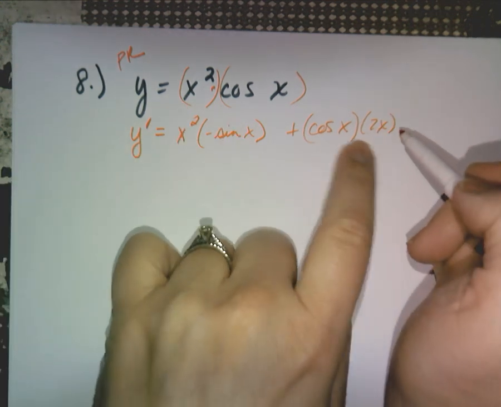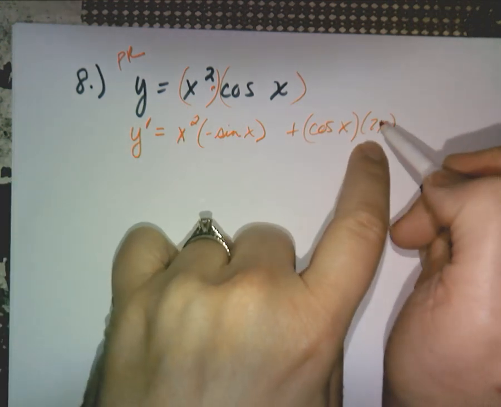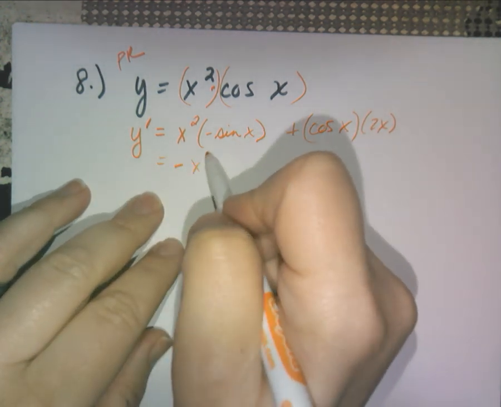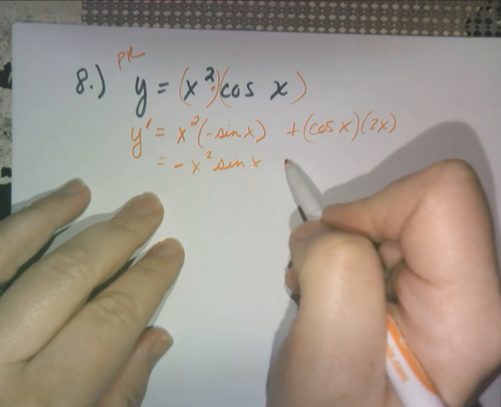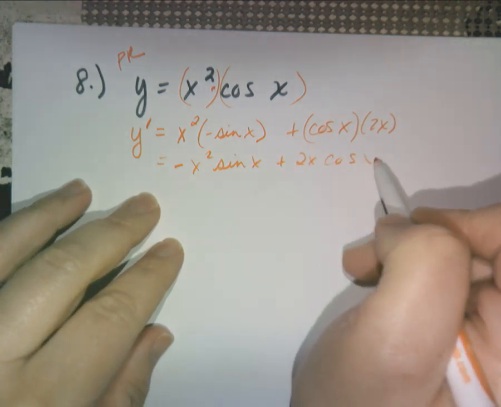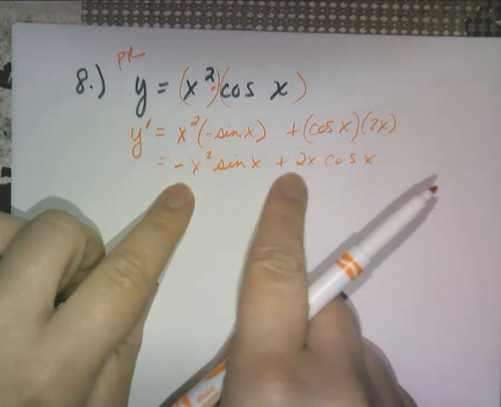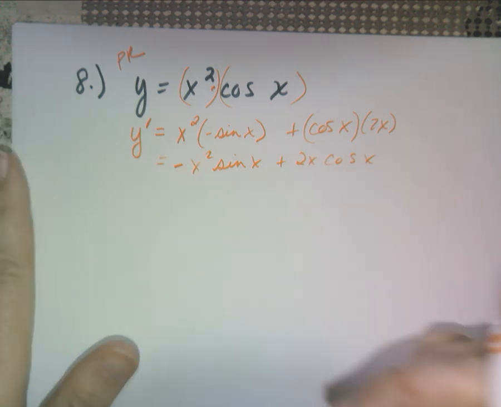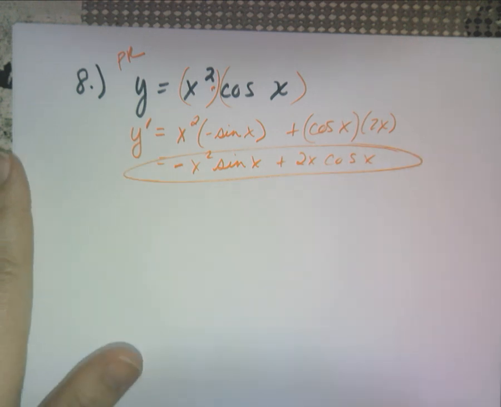Again, do not ever touch that x. That 2x goes to the front. So the way I would rewrite this would be negative x squared sine x plus 2x cosine x. Could you factor out an x from these two? Yes, but don't write it in factored form. Just leave it like this. This is the better way to leave it.